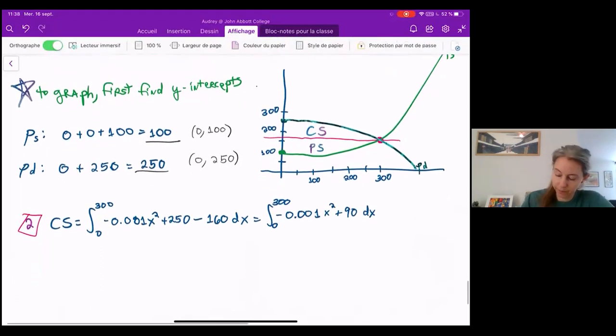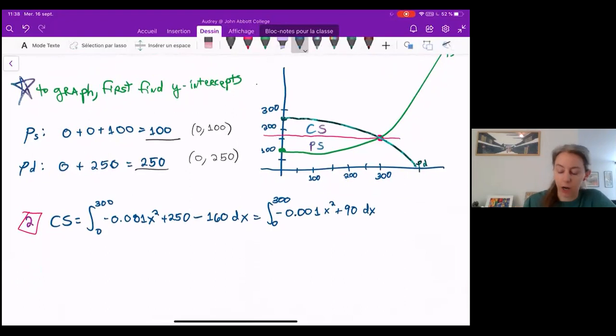And we take our antiderivatives and get negative 0.001 over 3. So that's negative 1 over 3,000 x cubed plus 90x between 0 and 300.